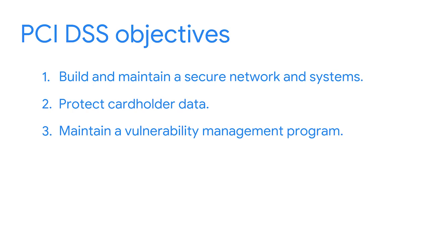The third objective is to maintain a vulnerability management program. The first requirement is to protect all systems against malware and regularly update antivirus software or programs. The second is to develop and maintain secure systems and applications. You'll find more detailed implementation procedures within these requirements. They'll cover things like ensuring all systems have antivirus software installed and making sure this software is kept up to date.